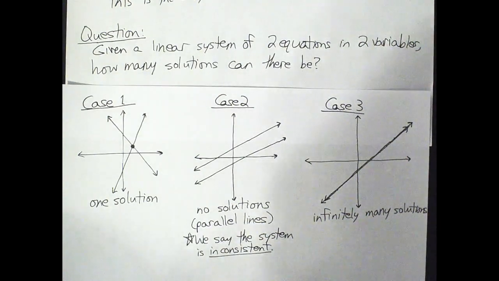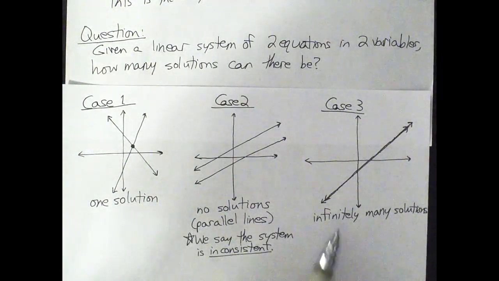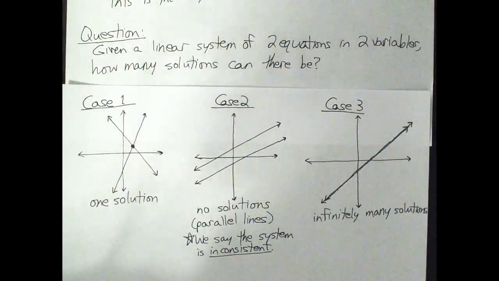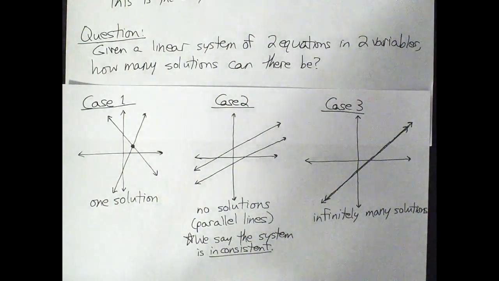Those are the only three answers to this type of question if there are two equations and two variables. So this means you get one solution, no solutions, or infinitely many. You'll never get a linear system of this size that has exactly two solutions. It just can't happen. You can't have a system of this size that has exactly three solutions.